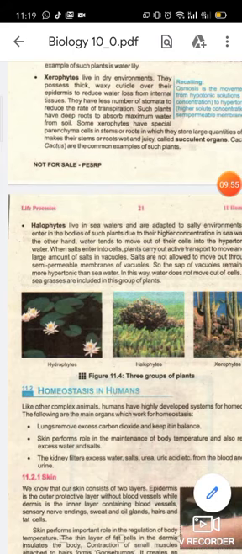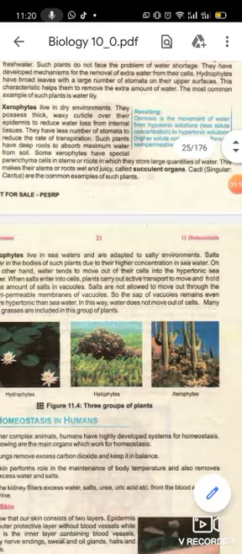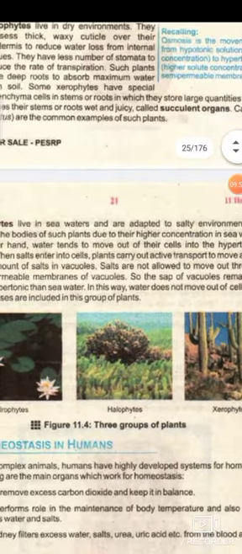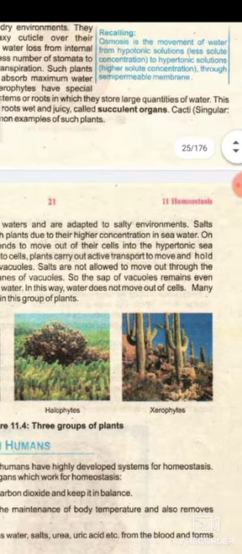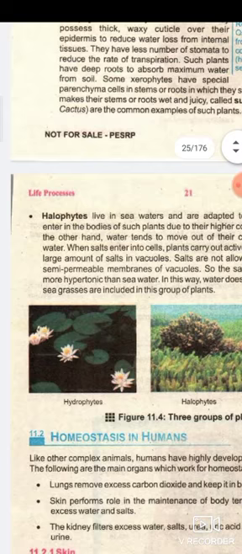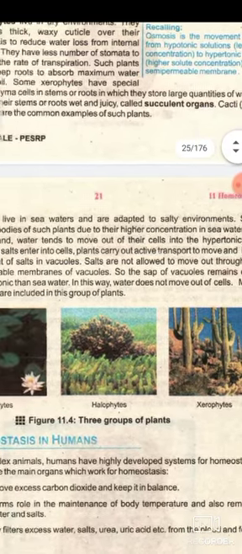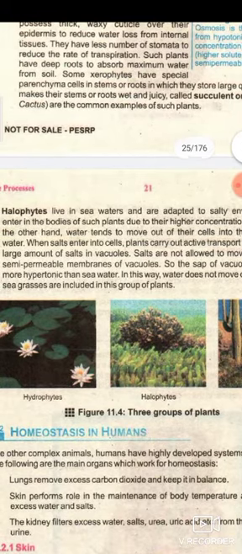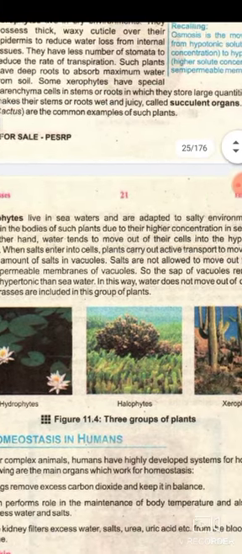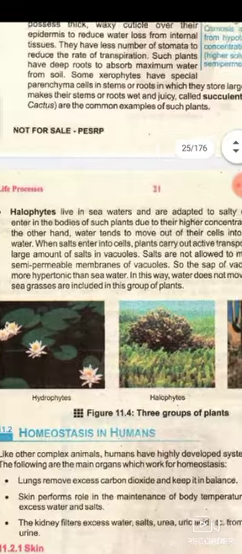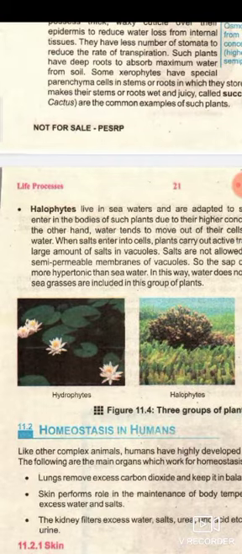In fact, we can see from the text that when the salt enters the cell, the plant carries out active transport to move and hold a large amount of salt in the vacuole. Salts are not allowed to move out through the semi-permeable membrane of the vacuole. So the sap of the vacuole remains even more hypertonic than the seawater.